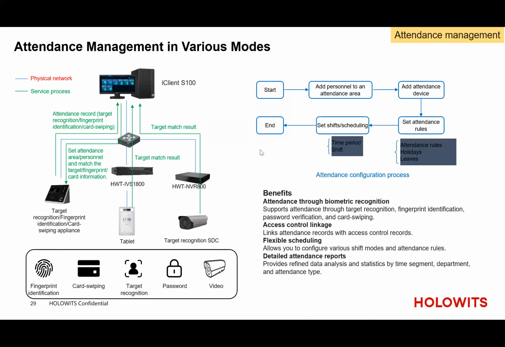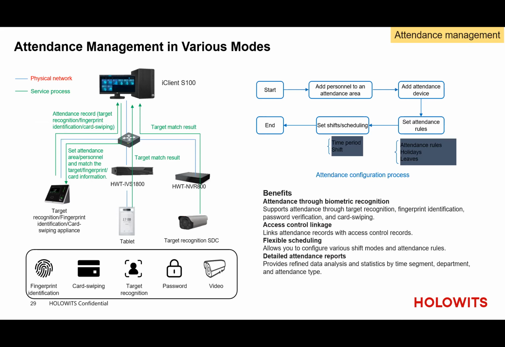This part deals with attendance management. For this part, we have two attendance sources. One is based on our target recognition, and the other is a fingerprint attendance machine or pad checkpoint equipment, which can provide relatively accurate attendance data.